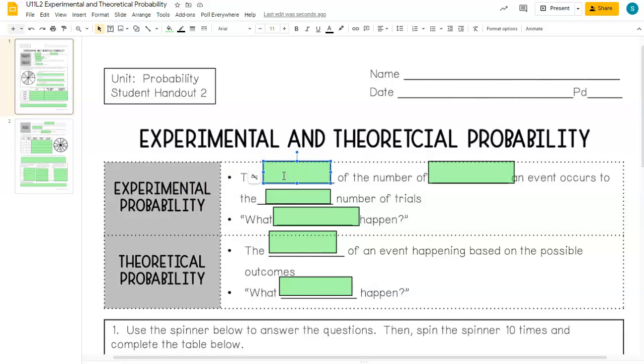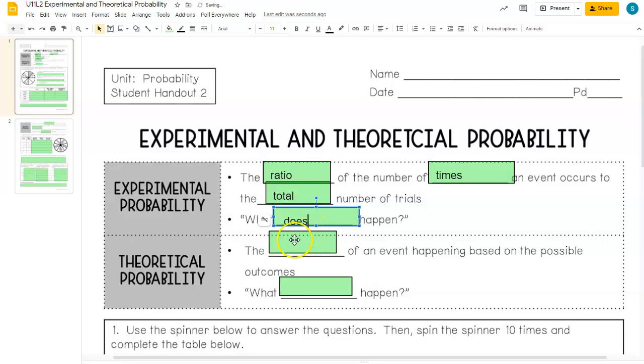It is the ratio of the number of times an event occurs to the total number of trials. What does happen?